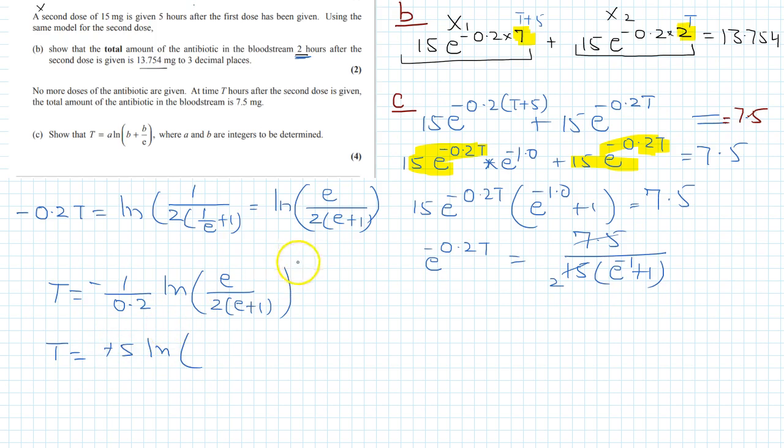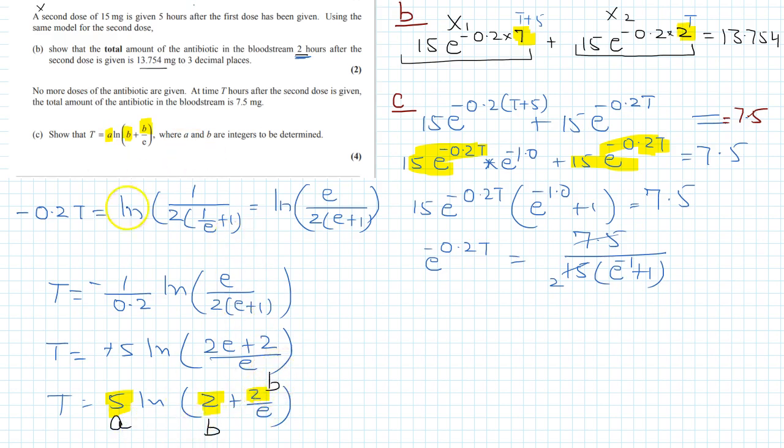If I remove minus 5 and put minus 1, it will be 2e plus 1 over e. So t will be 5 ln of 2e over e is 2, plus 1 over e, that is 2 plus 1 over e. So a is 5, b is 2 and c is 1. So this is A, this is B, and this is C. And that's the answer. And that's the end of this paper.